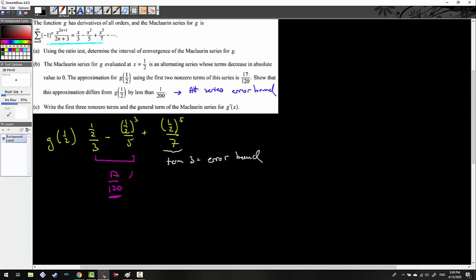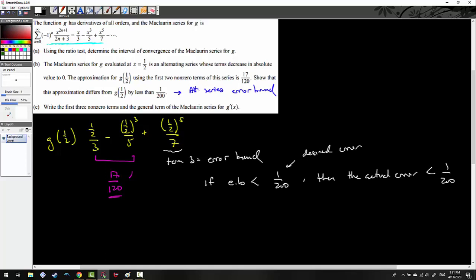And so if our error bound is less than 1 over 200, that means that our summation will be less than 1 over 200, right? So let's write that down. If the error bound is less than 1 over 200, right? This is the desired error. If the error bound is less than 1 over 200, then the actual error will be less than 1 over 200.